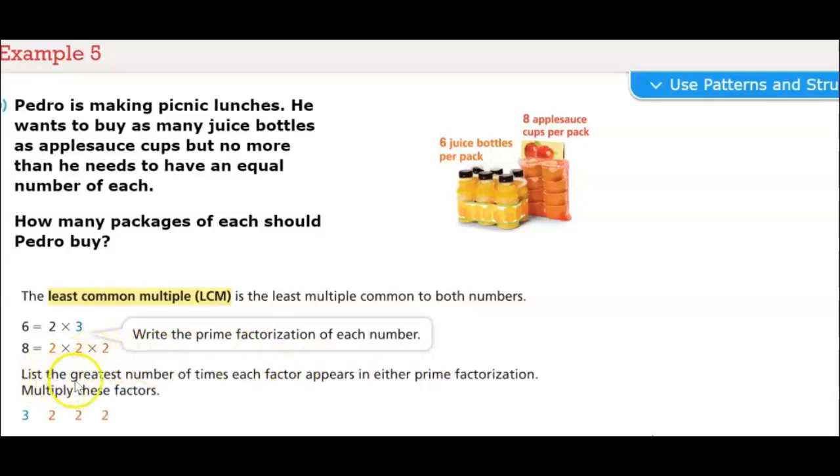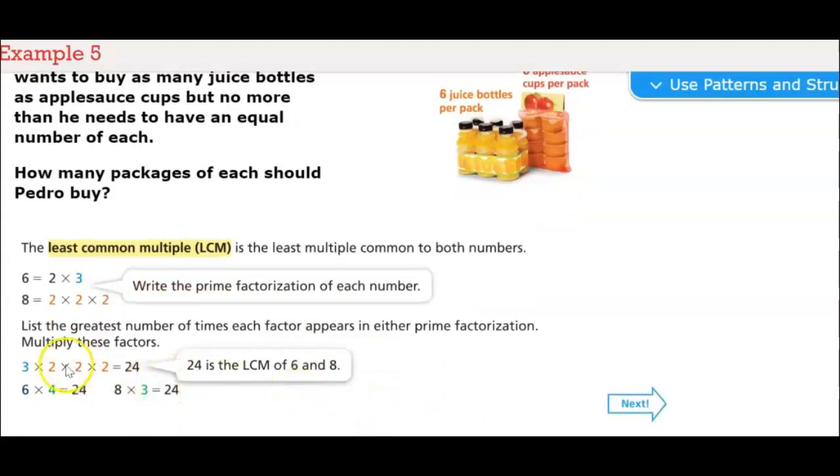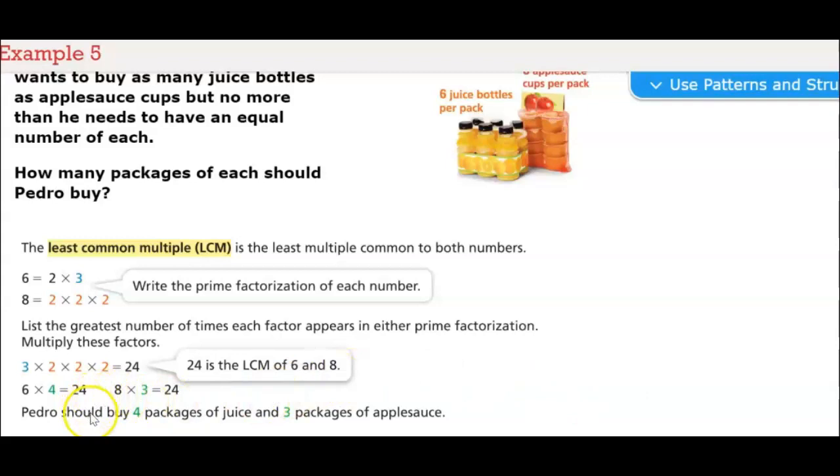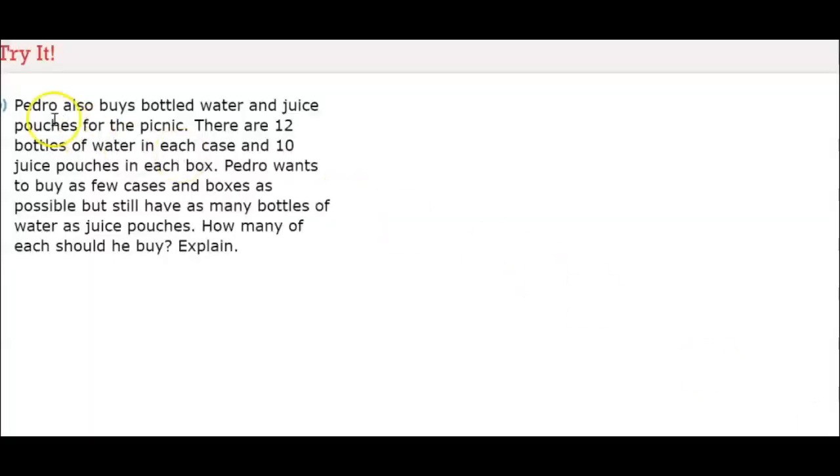And so the greatest number of times each factor appears in either prime factorization, you multiply these factors, and then it equals 24. So the LCM of 6 and 8 is 24. So Pedro should buy 4 packages of juice and 3 packages of applesauce.